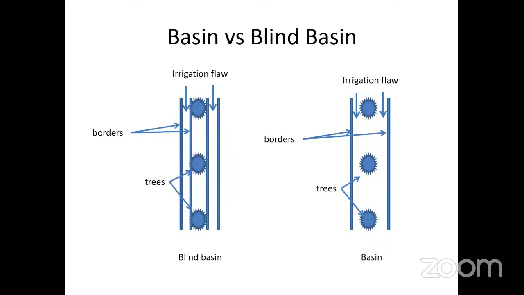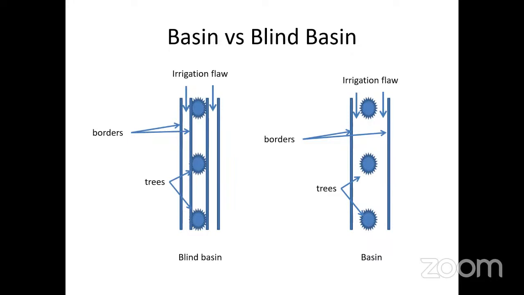In this basin, the water flows between the two boundaries, covering the whole root system area and able to touch the trunk of the tree, which is not advisable, because it can cause fungal diseases like root rot and others.